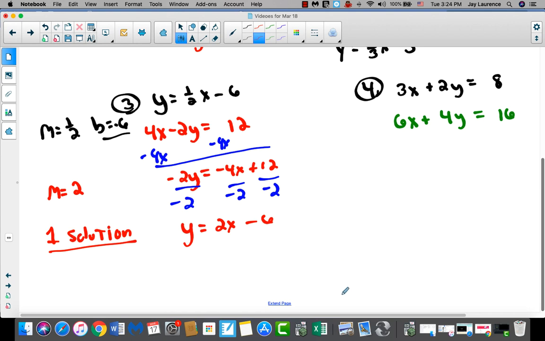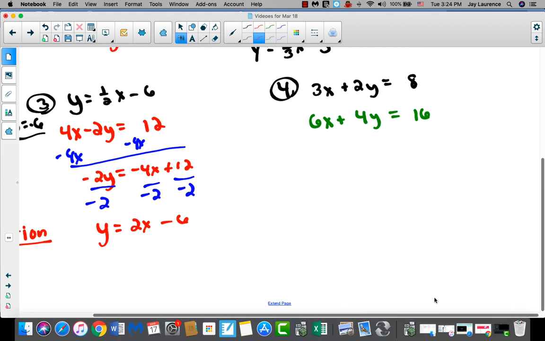Okay, if you haven't tried the green one yet, or the number 4 yet, go ahead and try it now. I'm suspecting that there's going to be infinitely many solutions on this, but let's see. All right, I'm going to have 3x plus 2y equals 8. I'm going to subtract 3x from both sides.